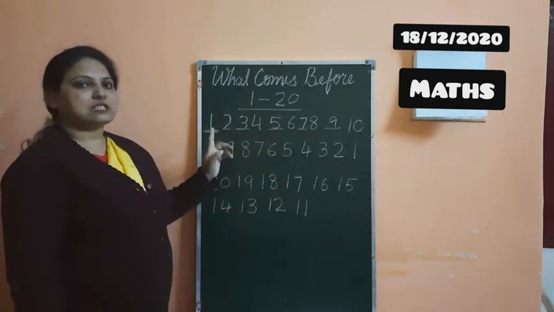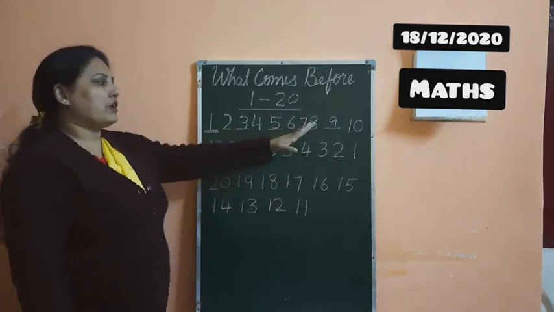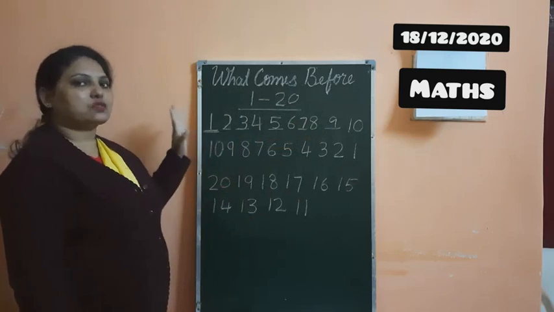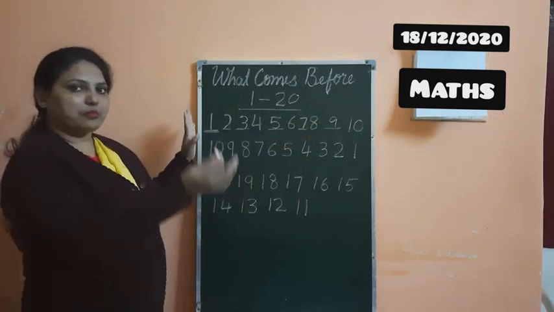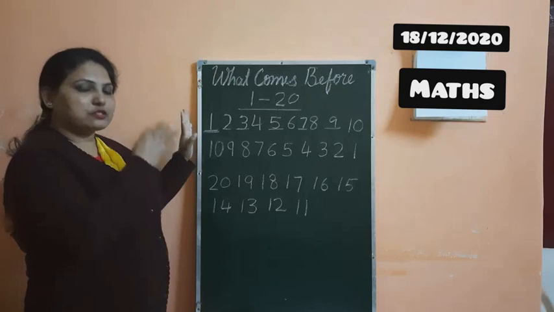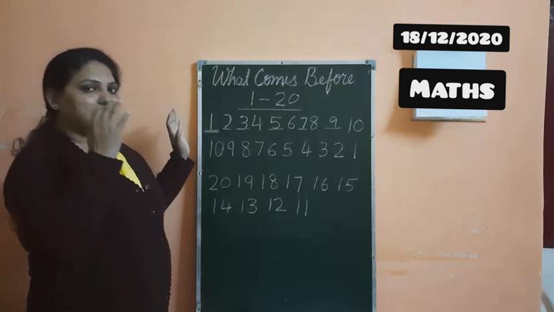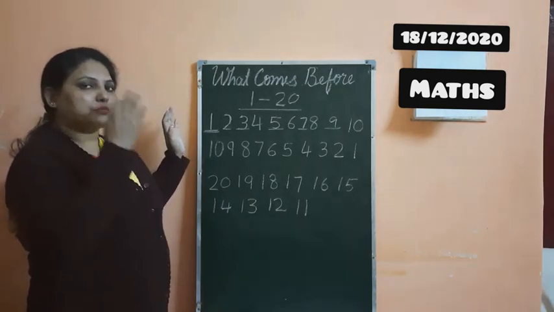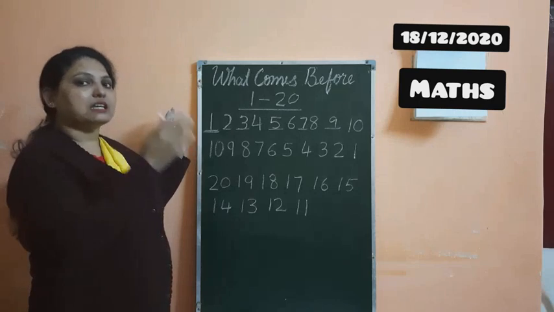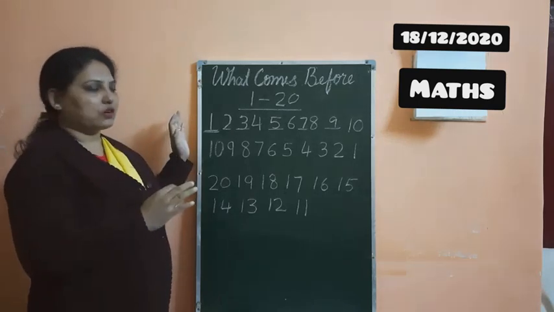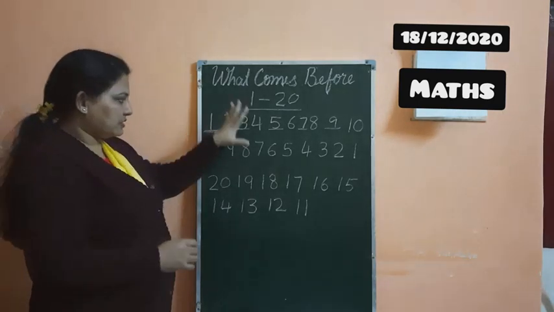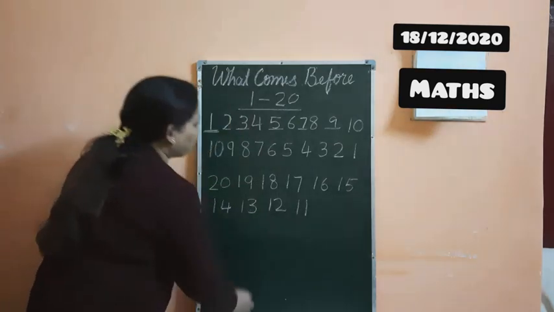When we write backward, that is called before. You have to remember in your mind that when we count backward, that is called the before number. This is the way we will do before.